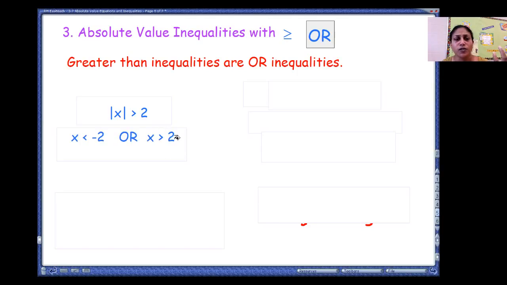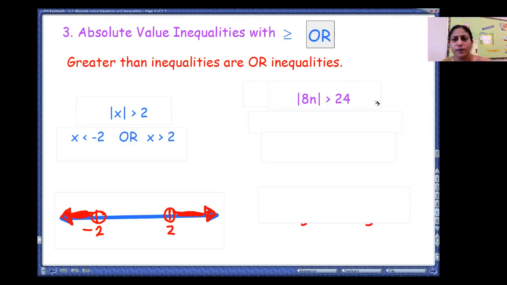So more than 2, you write the same thing, or less than the opposite. Okay, so same on the right and less than the opposite. And then you should be able to graph it. Remember that you're going to get a graph with two arrows going in opposite directions.